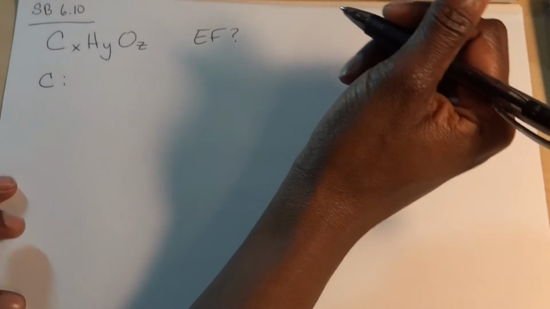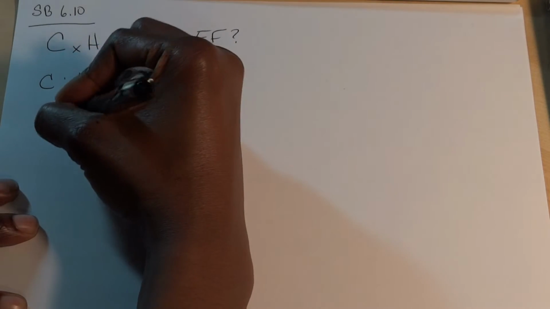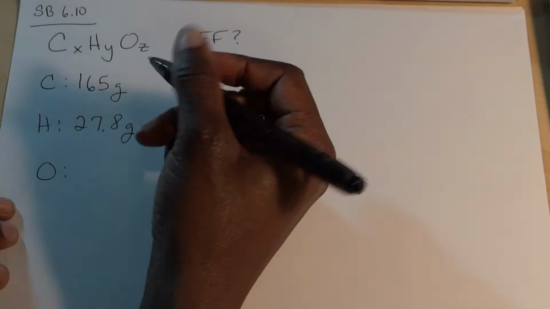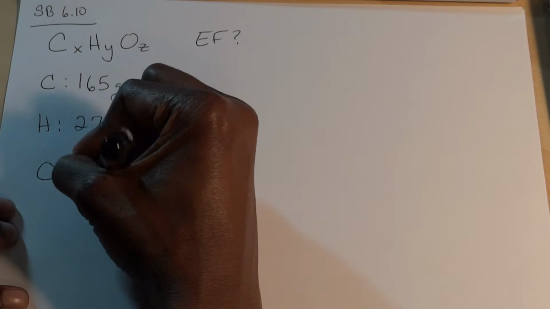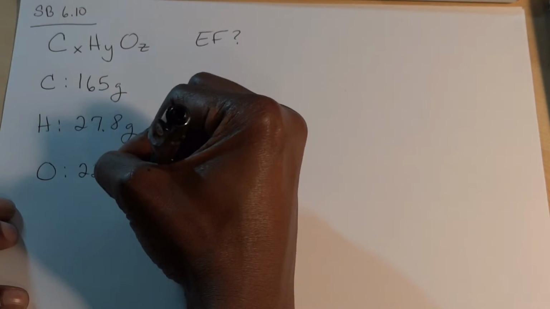So for carbon, we have 165 grams. For hydrogen, we have 27.8 grams. And for oxygen, we have 220.2 grams.